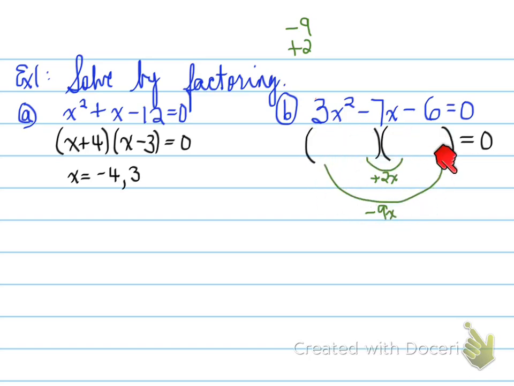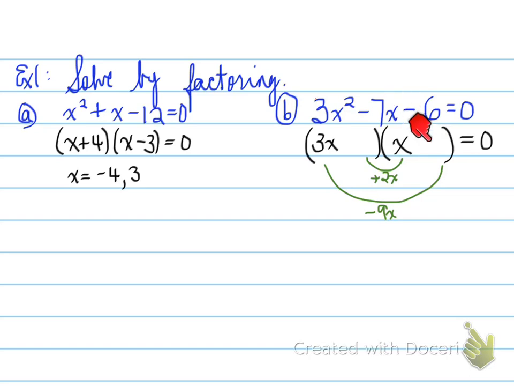To get negative 9x, I need to take from 3x squared a 3x, and I'm going to put the other x here. So a 3x and the other x right here. What that will help us is we've split up the 3x squared, which is the F part of FOIL, and now we can calculate what our outer number is. 3x times something gives us negative 9x.